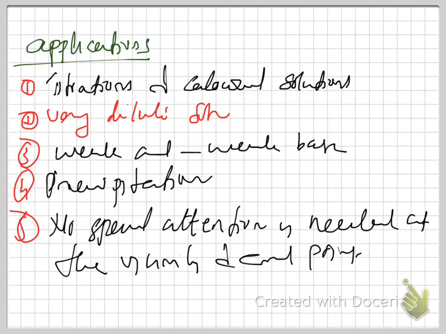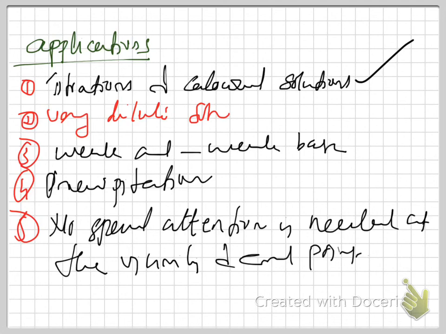The first application is that titration of colored solution can be done here. If the solution itself is colored, how to use an indicator? The color of the indicator will merge with the color of the solution and change into another color which will not be visible at the endpoint clearly.